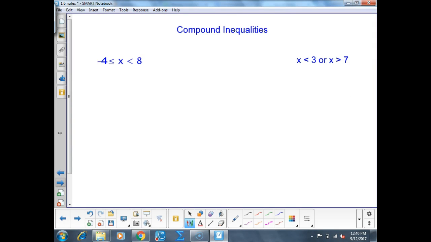Compound inequalities now. There are two different kinds. This first kind is an AND type, which means that both parts must be true.